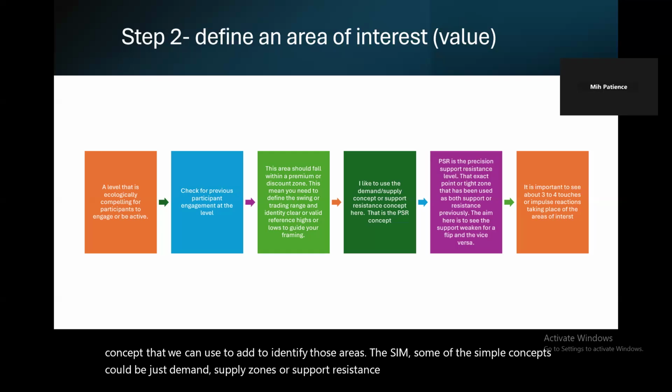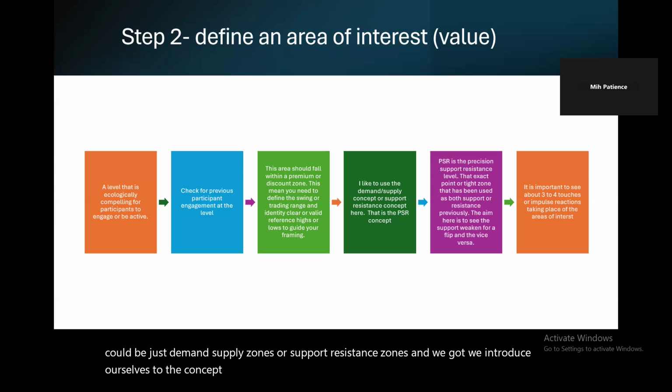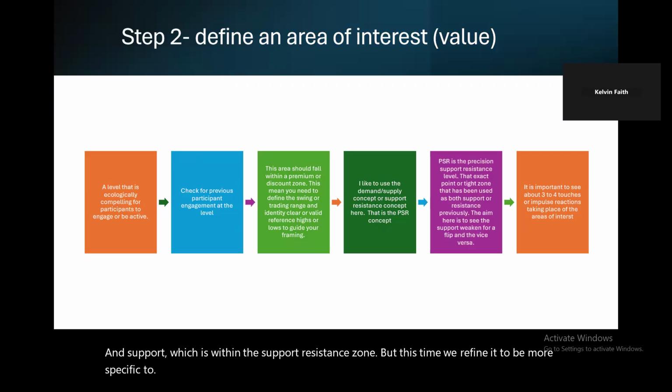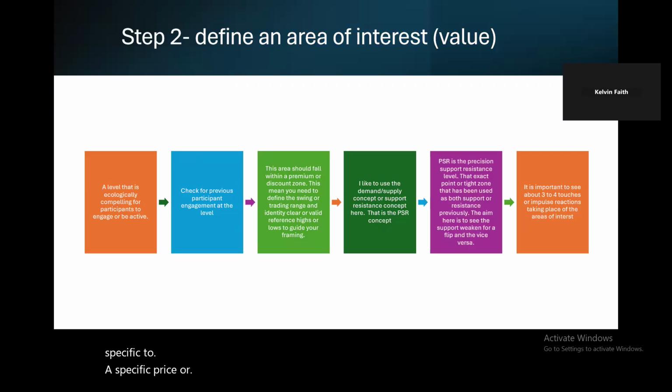And we introduced ourselves to the concept of precision support resistance, which is within the support resistance zone, but this time we refine it to be more specific to a specific price or close, or certain price levels that have both been used as resistance or support.